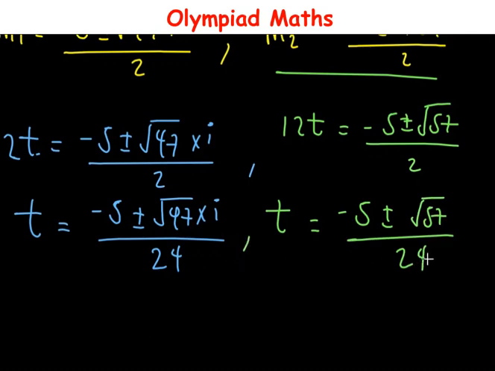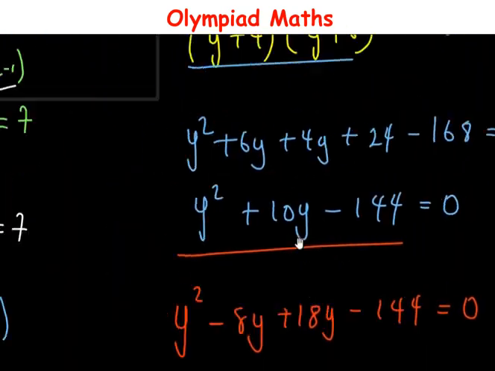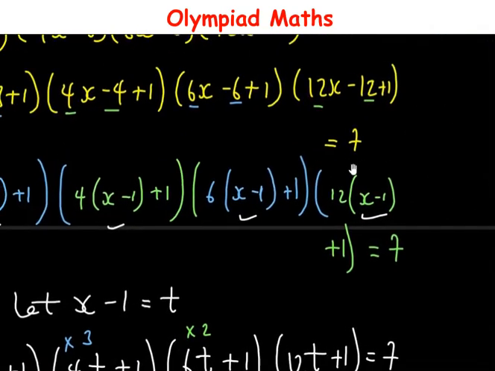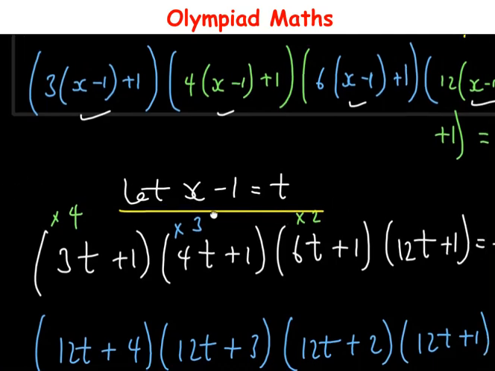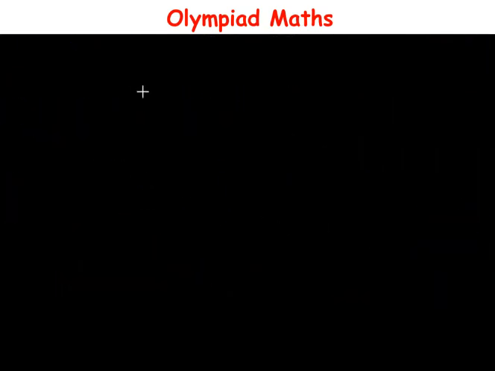So we have gotten the solution for t, but the goal is to solve for the value of x. So x is the unknown we have to solve for. Now recall from this equation that we said let x minus 1 equal t.